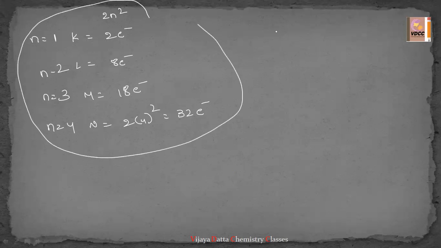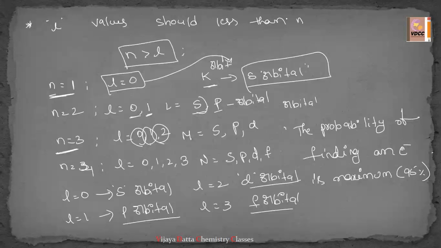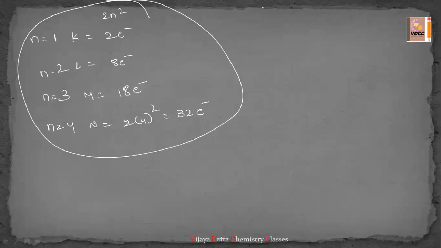Now I want to compare with the azimuthal quantum number, L values. From this we come to know that when n equals 1, L has 0, meaning n is always greater than L, right? When n equals 2, L has 0, 1. When n equals 3, L has 0, 1, 2.